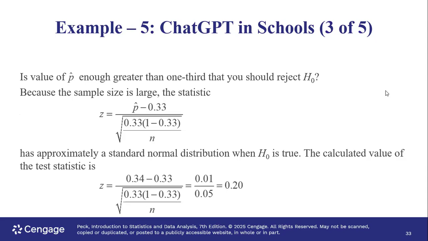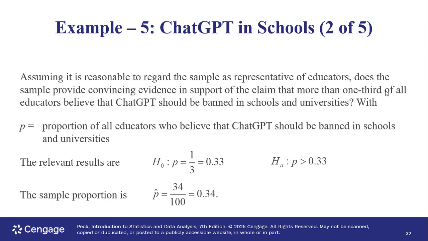Inside the square root, first is p, the probability of success in the null hypothesis, which is 0.33, then left parenthesis, 1 minus 0.33, then right parenthesis, then again a horizontal line, meaning divided by the sample size. What is our sample size? It is 100.